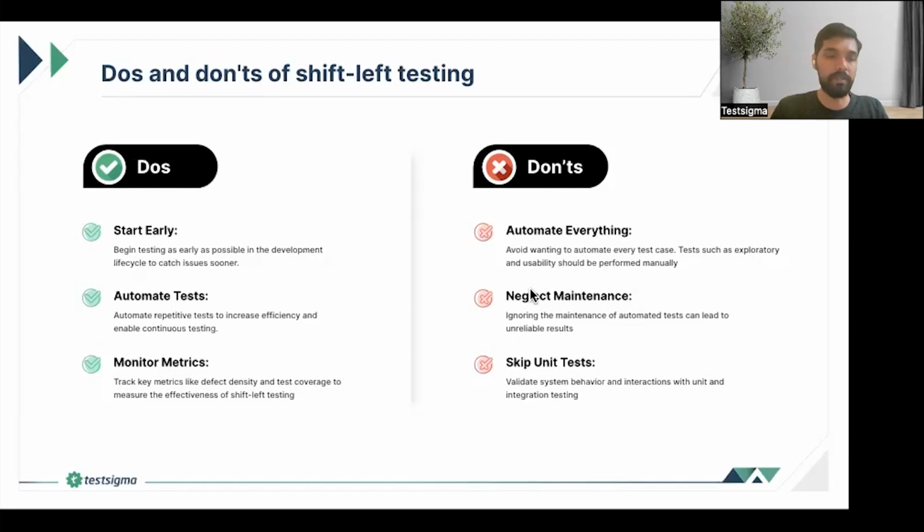So how many tests are being run, what percentage of tests are being covered, how many defects are cropping up in each release, etc. It'll help improve your test efficiency and also your test cycle eventually. Importantly, don't neglect test maintenance as your application evolves over time. Keep updating your test cases as well. So yeah, these are some of the do's and don'ts of shift left testing.